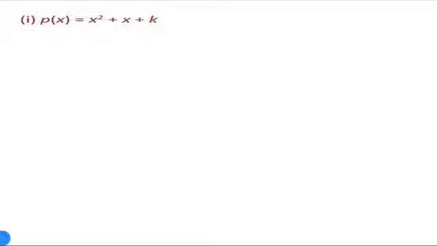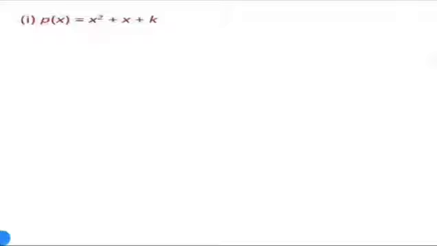So this is sub question 1 in problem 3. p of x equals x square plus x plus k, and here the g of x is x minus 1.